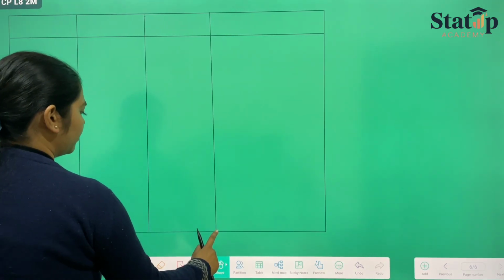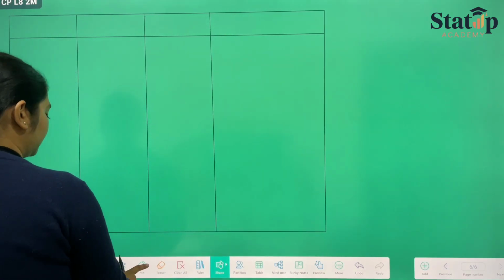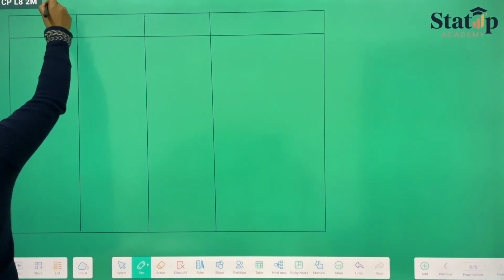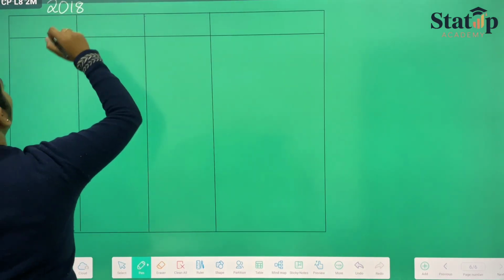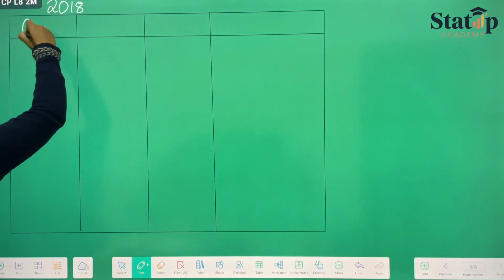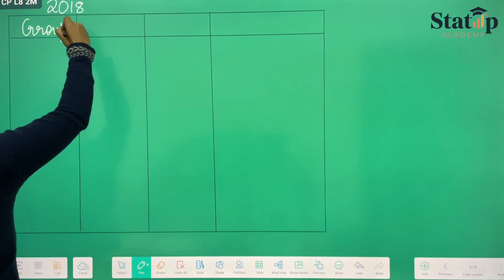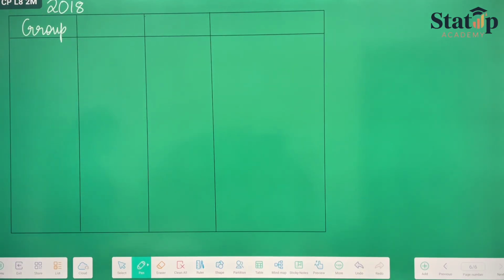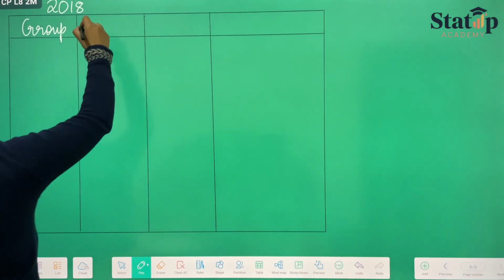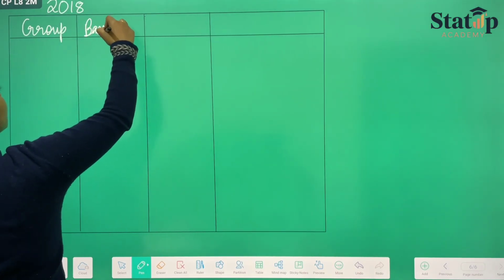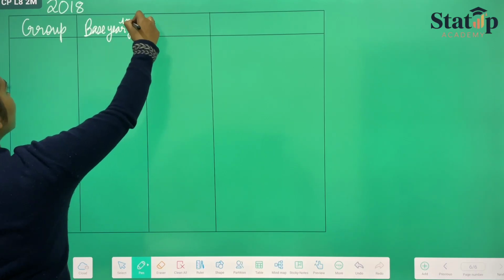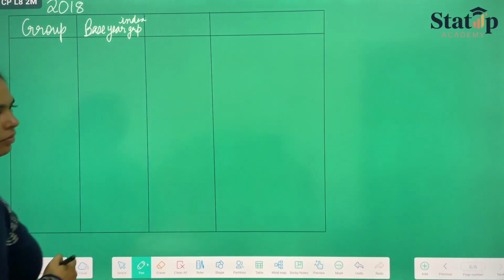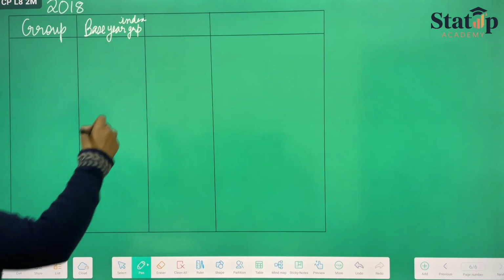This question is of 2018, which stated that we have been given groups, base year group index, and weights.